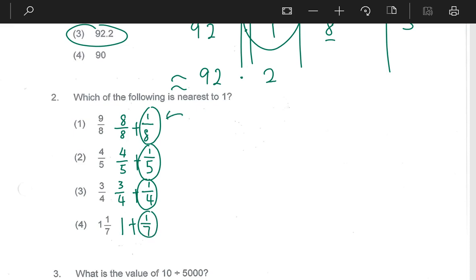Now take a look at these 4 fractions here. If you can remember some rules that we learned in the past, the one that will be nearest to 1 whole will be the fraction that has the smallest fractional part. And in this case, the 1/8 will give you the smallest fractional part because the denominator is the greatest.